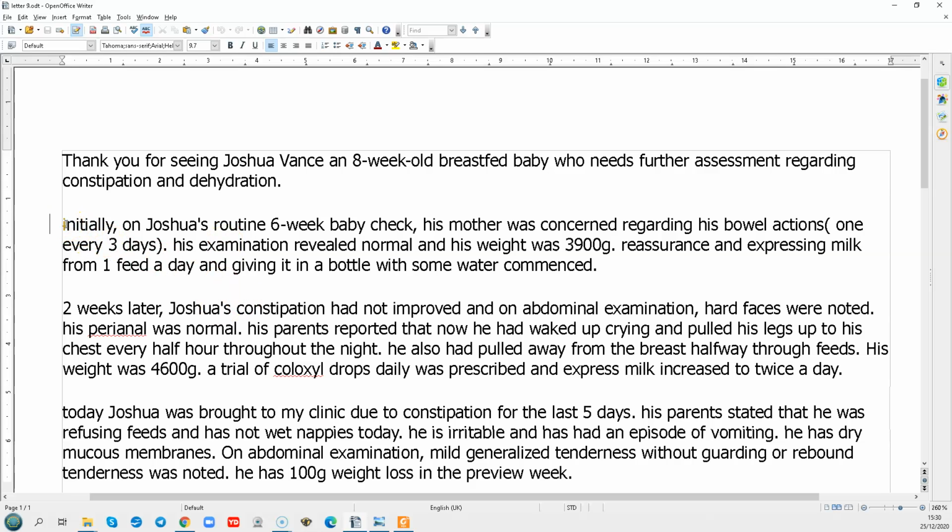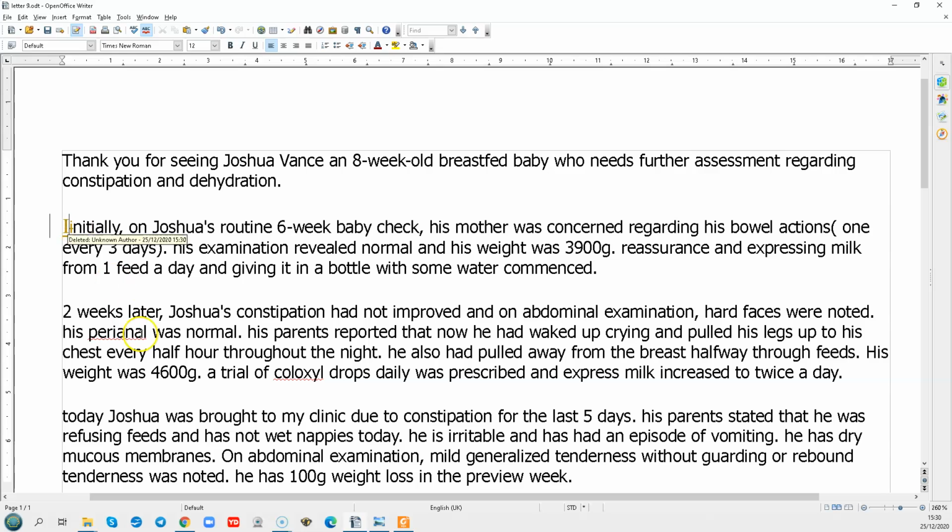Now you don't need initially. They say if you can omit a marker without changing anything, you should do so. So you could just simply say on Joshua's routine 6-week baby check, and we know that he's a baby, so you don't have to keep saying baby, baby, baby. You know, we do know this.